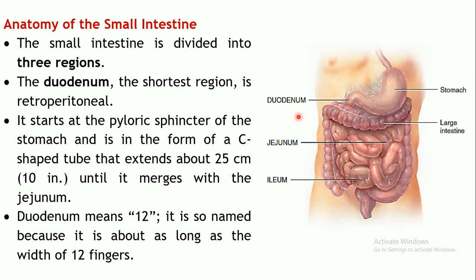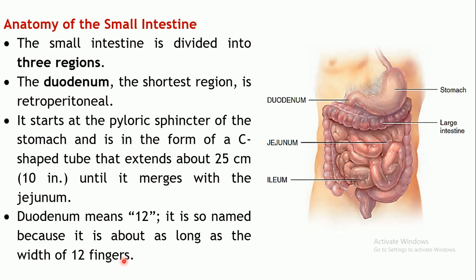Now why it is called duodenum is because the actual meaning of this word is 12. It was named so because the length of the duodenum was as much as the space occupied by the width of 12 fingers. If you place 12 fingers side by side, that much length is occupied by the duodenum.